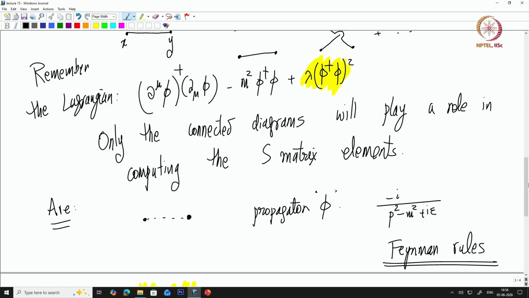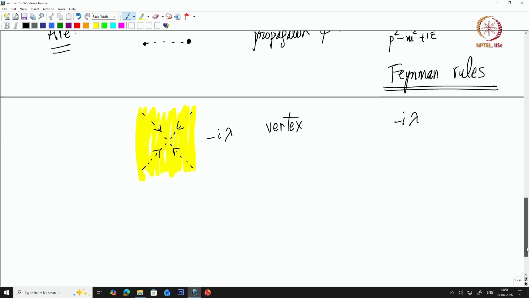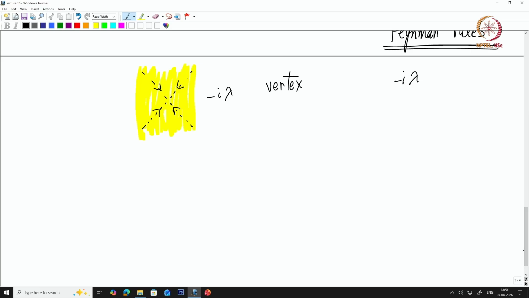you say that only connected diagrams matter. You write down some graphical rules given the Lagrangian, which are called the propagators. What are all the propagators for every field in this theory, and what are the interaction vertices for this particular theory. Given these propagators and vertices, I can now start calculating my amplitudes or the S matrix elements for a given process.